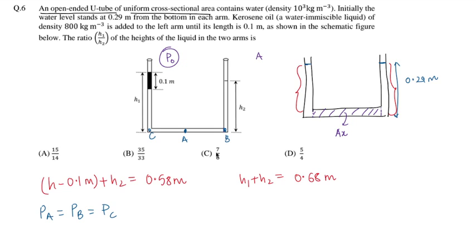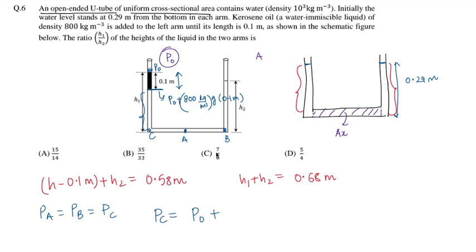So first, for the left arm, here the pressure is P naught initially, and then you descend down the height. So here the pressure will be P naught plus rho of this liquid, the density of this liquid is 800 kilogram per meter cubed, times g times 0.1 meters. And then again you descend some height. So we're writing PC.